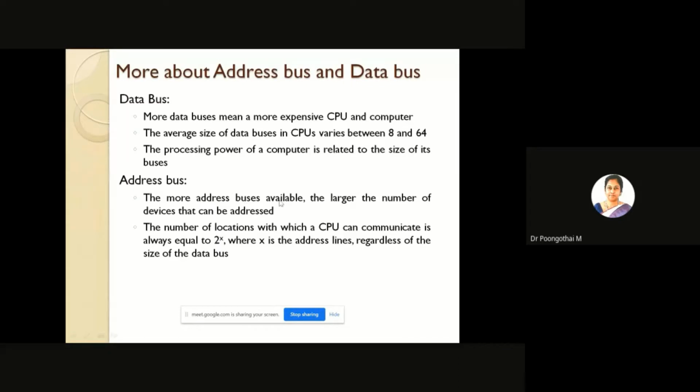More address bus lines available means a larger number of devices or memory locations can be addressed.